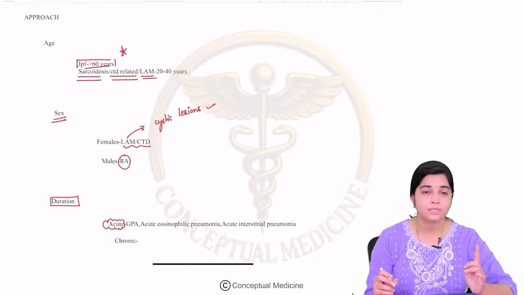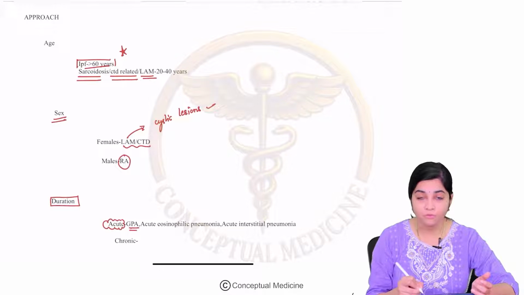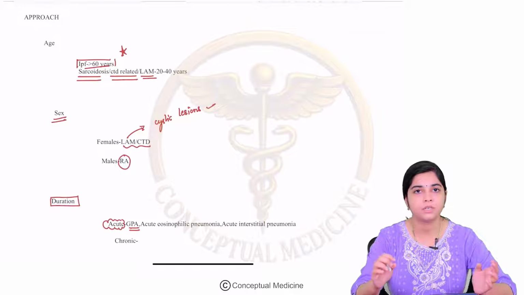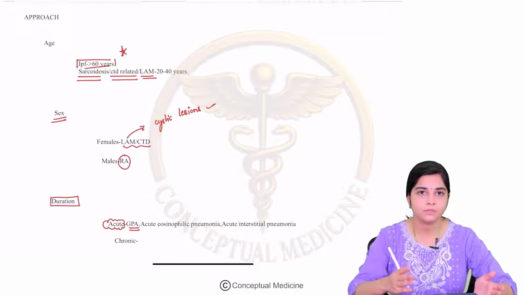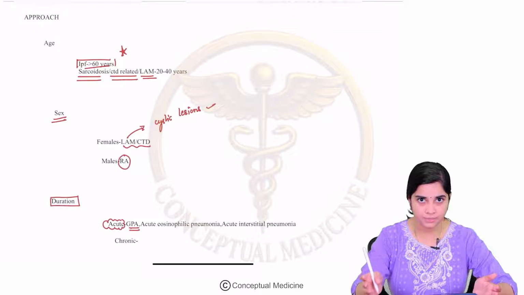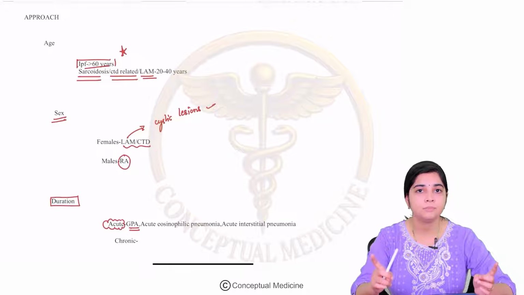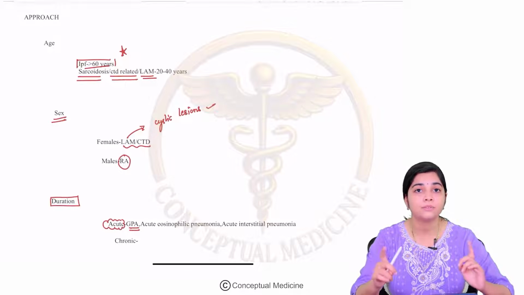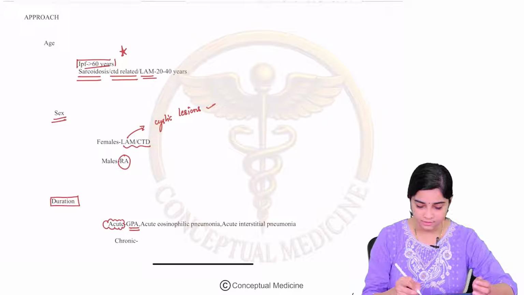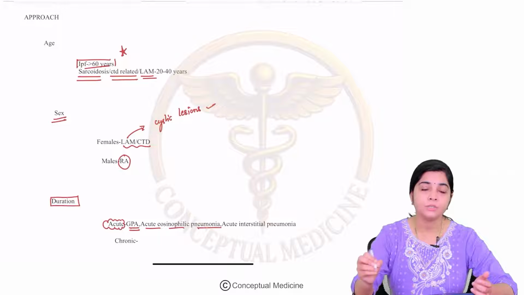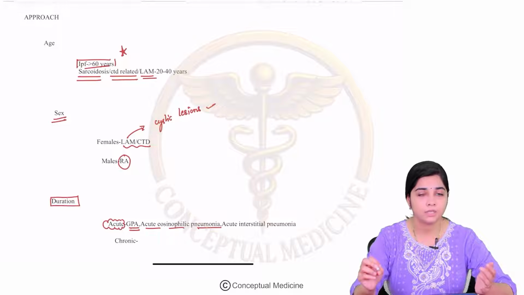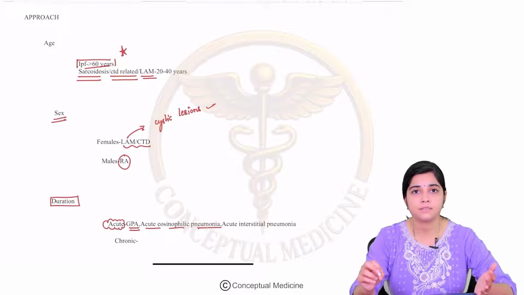So acute onset ILDs include your vasculitis related ILDs, your granulomatosis with polyangiitis or eosinophilic granulomatosis with polyangiitis. So GPA, EGPA can present as an acute onset interstitial lung disease. Then we have learned about acute eosinophilic pneumonia in our chapter on eosinophilic lung diseases, right?